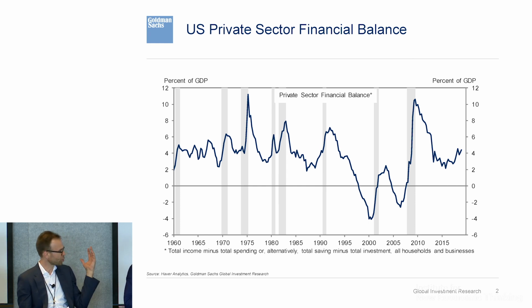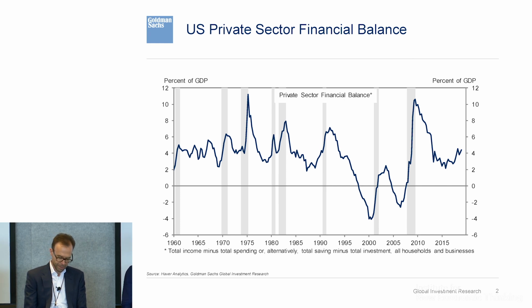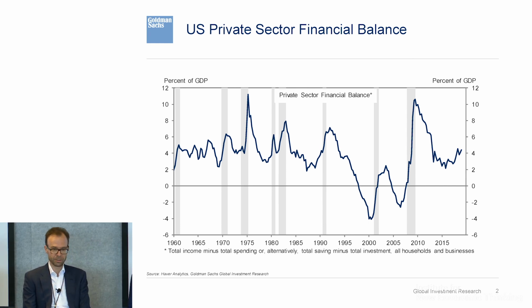So I've had this chart or some version thereof in my standard marketing handout for probably the better part of 20 years. Simply the difference between total income and total spending of all households and businesses, or equivalently, the difference between the total saving and total investment of all households and businesses, or even more as another identity, the difference between the current account balance and the general government balance.